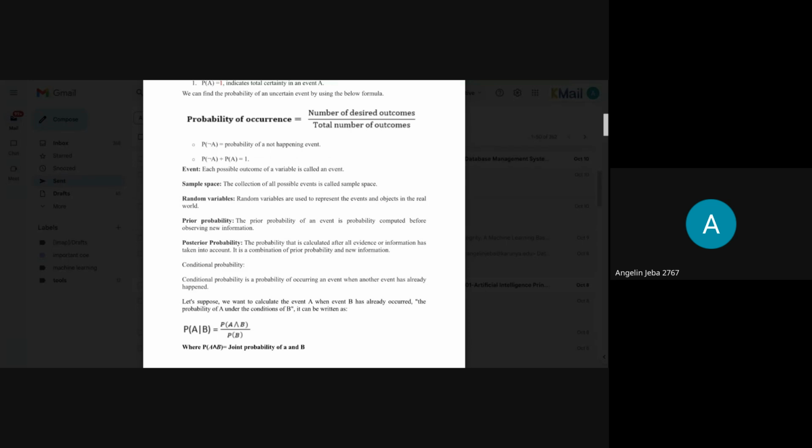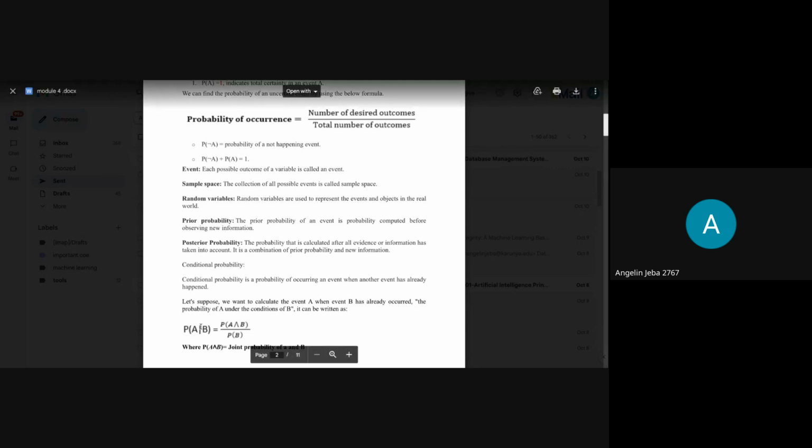So what is conditional probability? It is the probability of an event occurring when another event has already happened. That is, if it rains, then the climate will be wet. Let's suppose we calculate A when B has occurred.